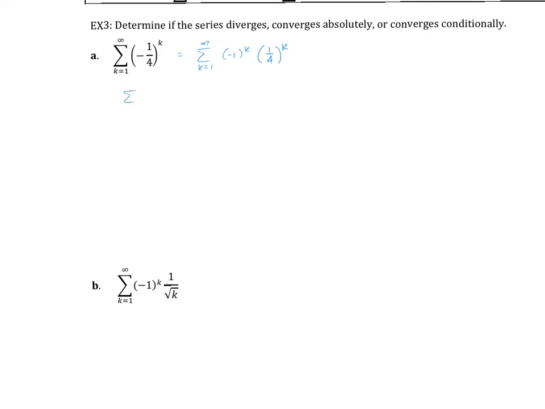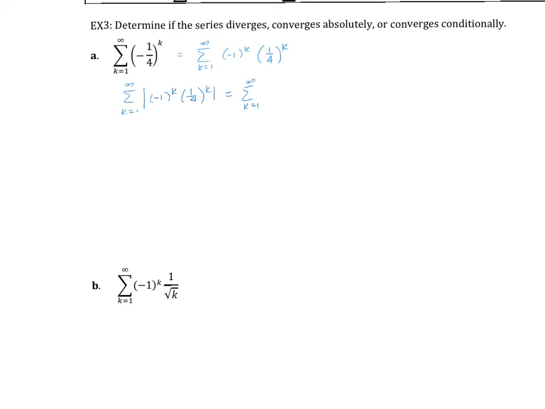If I look at the absolute value of this series, and you don't have to write this step, all that means is I'm taking away that alternating negative 1.